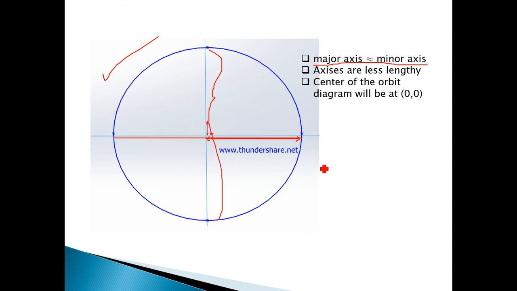If the major axis and minor axis are approximately equal, and this radius is less, and the center of the ellipse is coinciding with the x and y axis, that means at the origin, then we can conclude that the rotating shaft, or you can call it a turbine, because I am going to give a practical example of a turbine, does not have any significant residual unbalanced mass, and there is no external thrust or unbalanced thrust also. Okay.